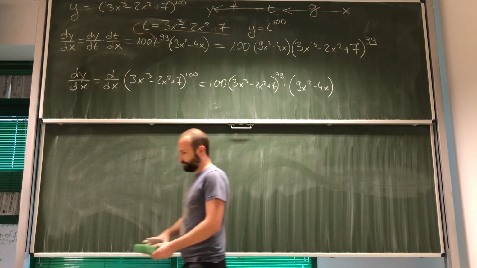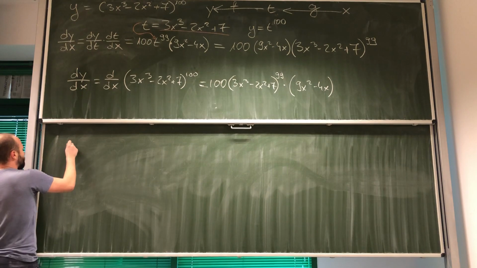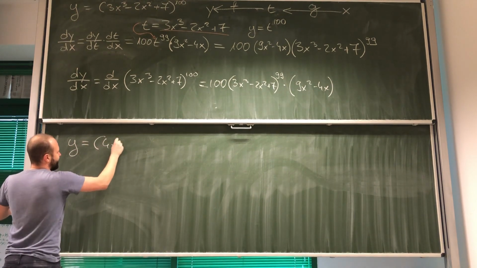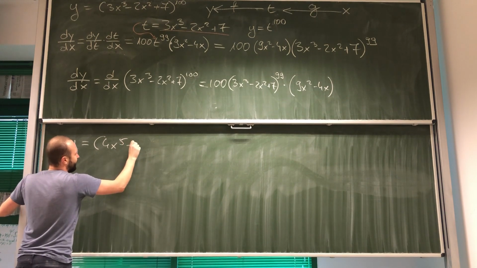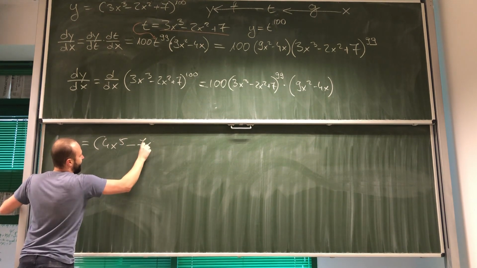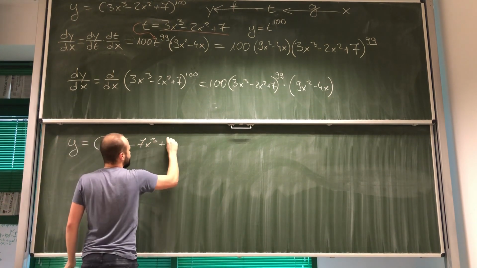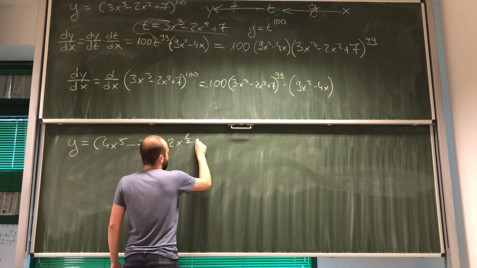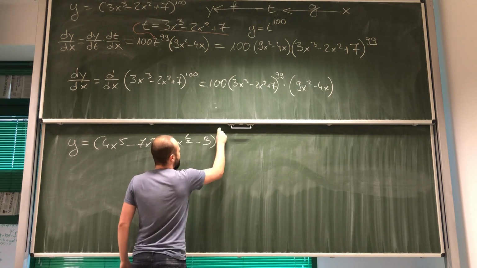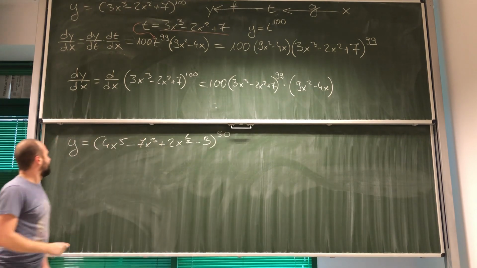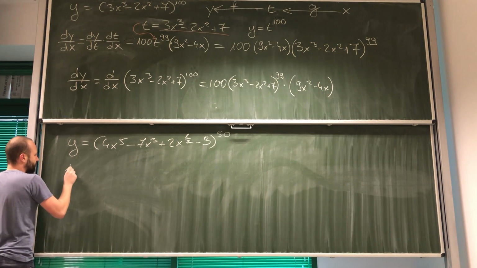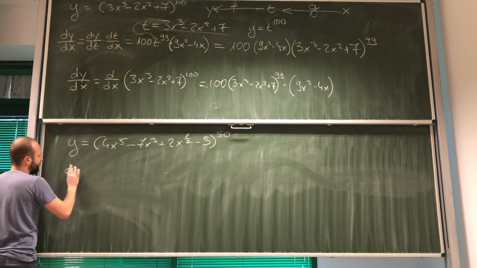Okay, so again, let's just say that y is some function of 4x to the power of 5 minus 7x to the power of 3 plus 2x to the power of 1 over 2 minus 3, to the power of 50. Okay, let's now try to use the chain rule, but without resorting to an intermediary step.